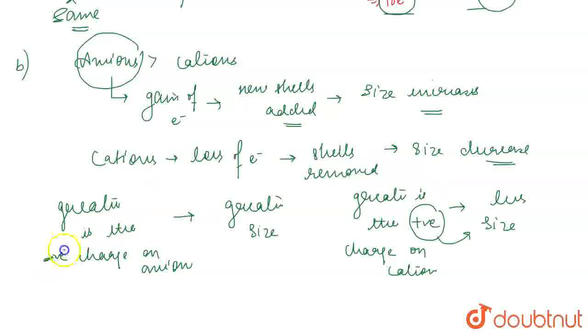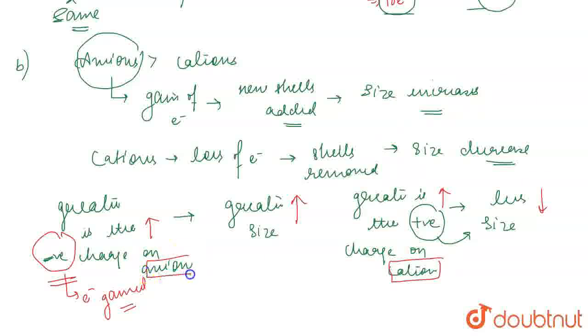And more negative charge on anion means more and more electrons are gained. So the size keeps on increasing. So greater is the negative charge, greater is the size, greater is the positive charge, lesser is the size. Okay. So this case is for cation and this case is for anion.